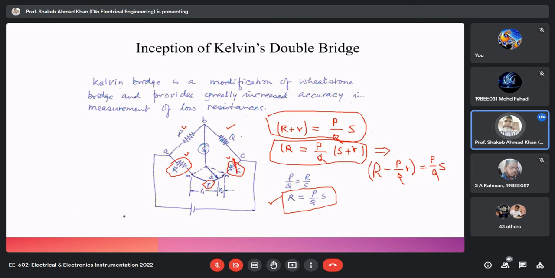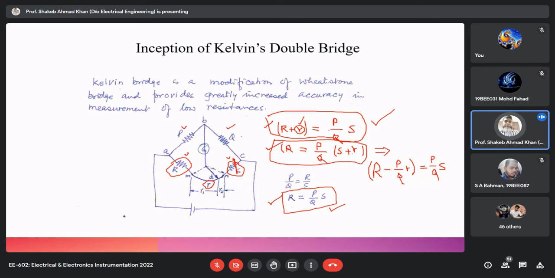But we are not considering the lead and contact resistance in our equation, and it is there. So obviously the actual balance equation will either be this or it will be this. But if we are not using these balance equations considering the lead and contact resistance, this equation will fetch us an erroneous result, है ना.